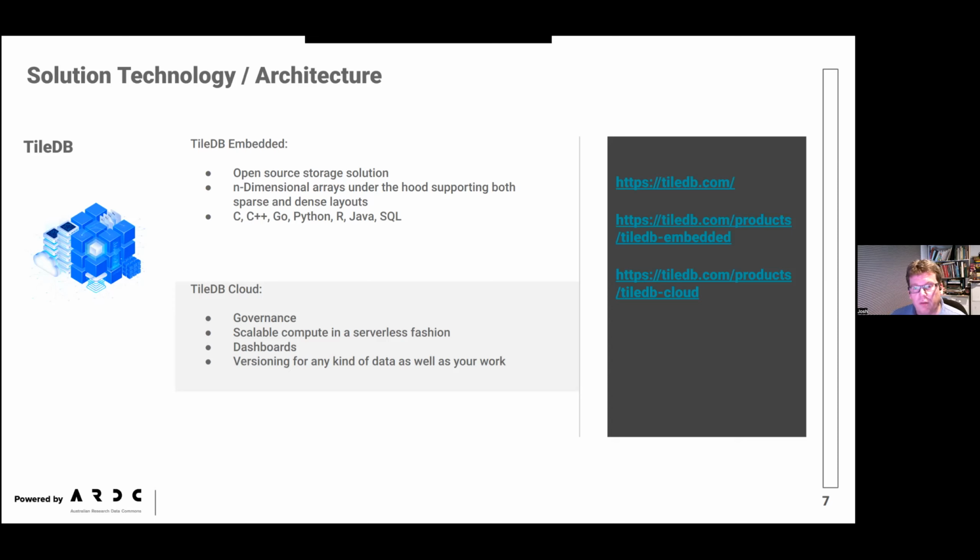One can also think of TileDB Cloud as a solution that can be used here as well, in that any of your document records management can be stored within the cloud and managed as an n-dimensional array. So a document can just be a zero-dimensional array object or a one-dimensional array object, and then versioned through time using timestamps. So this is some of the offerings that they have.